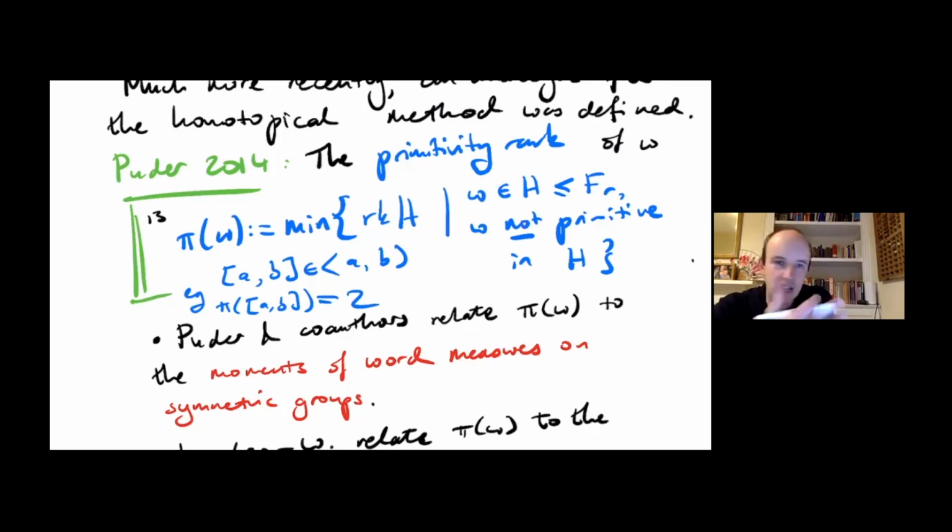And we'll see a little later that that's as small as you can get, so it's not going to be 1. So that's the primitivity rank.